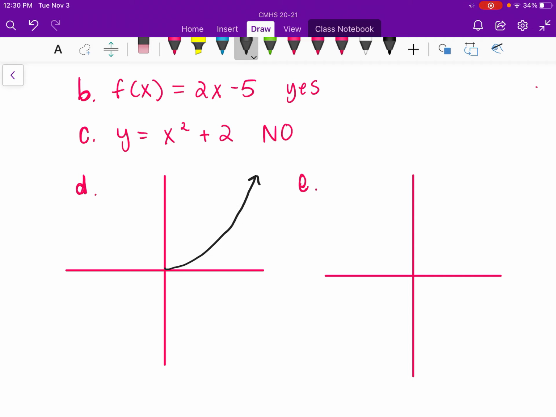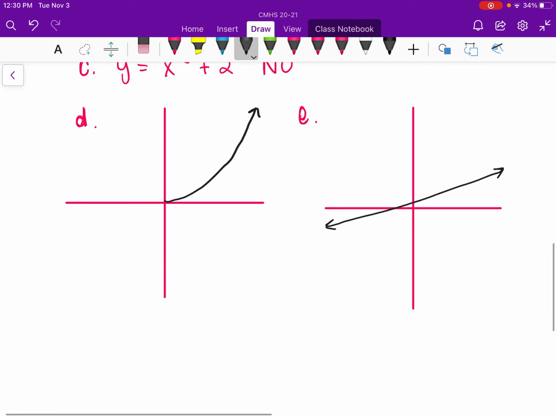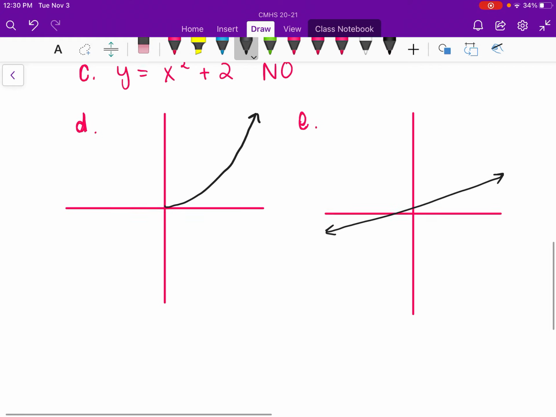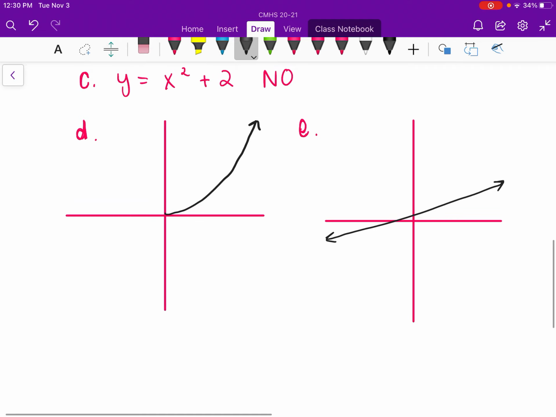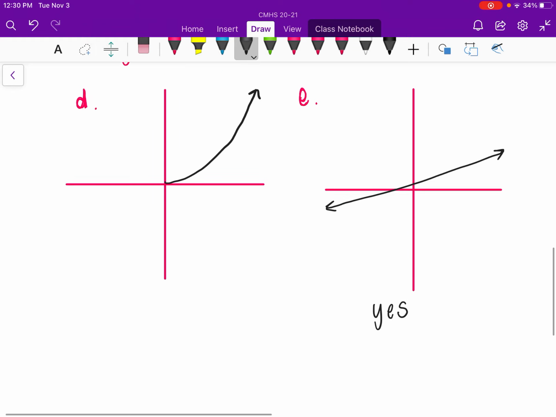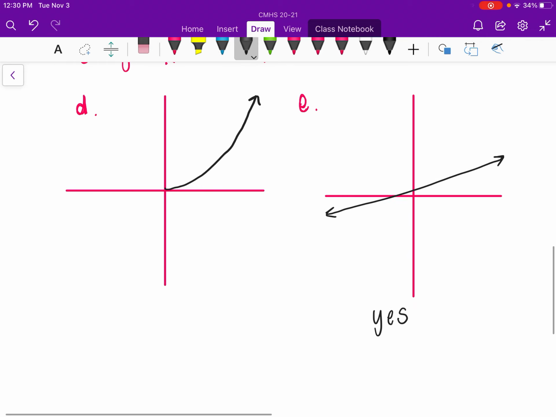And part E looks like this. So you can see here, one of them is definitely a linear function and the other one is definitely not. E forms a straight line. So this one is definitely linear. Part D is a curve, and remember, non-linear functions form curves. This is not a straight line, so no.